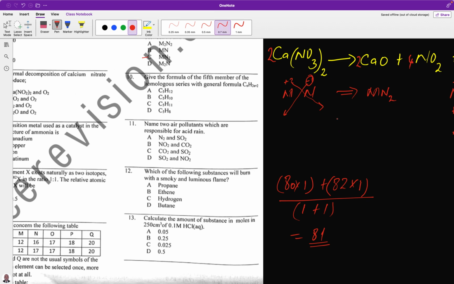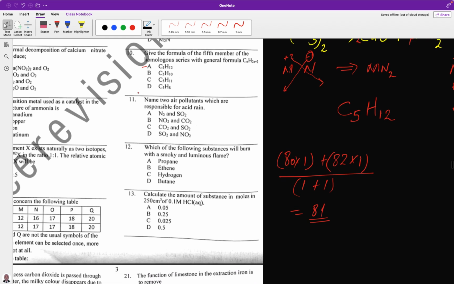The 5th member of the alkanes will be C5, that is C5H12, because 5 times 2 is 10, and 10 plus 2 is 12. So our answer here is A. Question number 10, the answer is A.